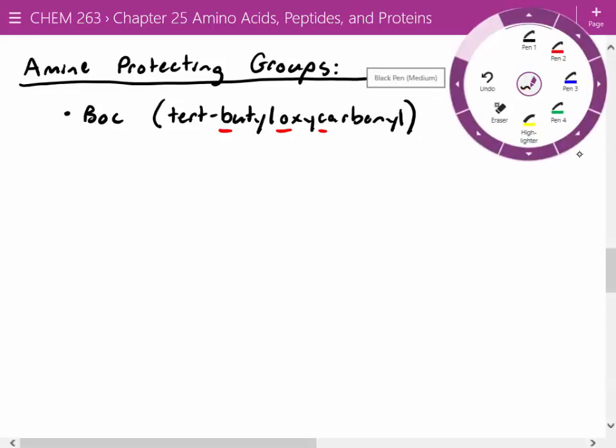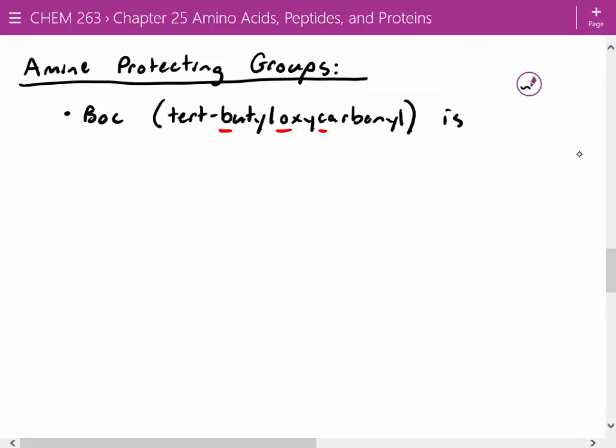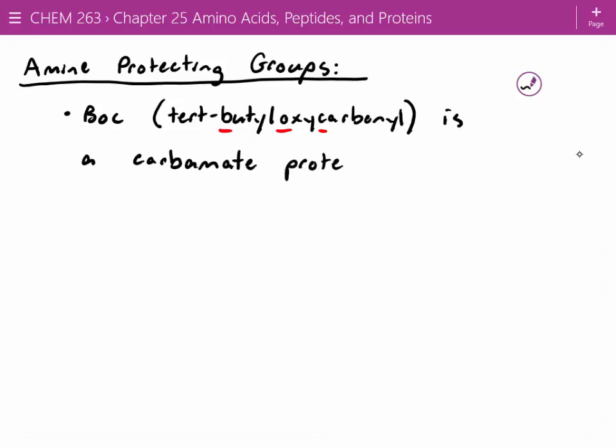And it's a carbamate protecting group. This is far and away the most common protecting group for amines. It's really, really reliable and really, really easy to take off.